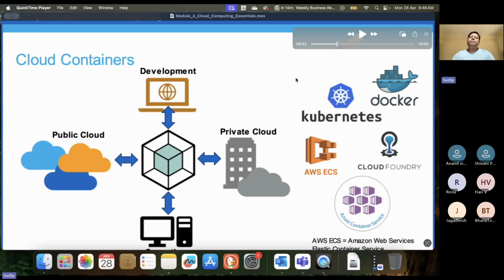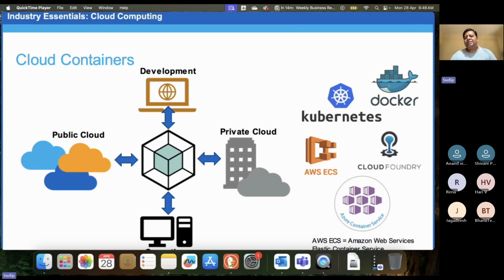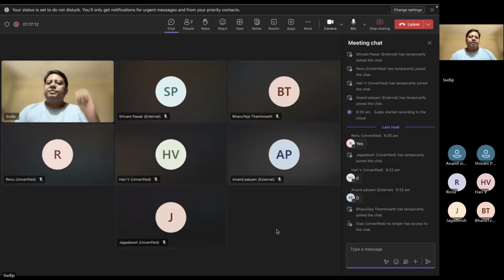Now, who can tell me in our class what exactly is the difference between a virtual machine and a container? Anyone? You can refer to Google, you can refer to AI also.